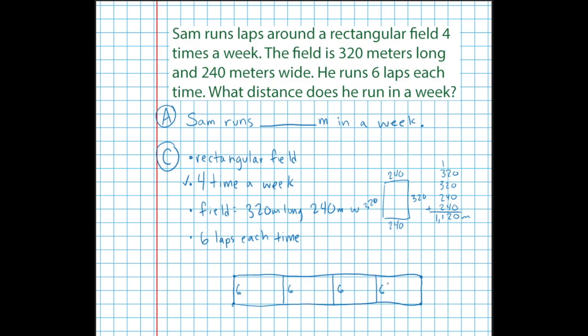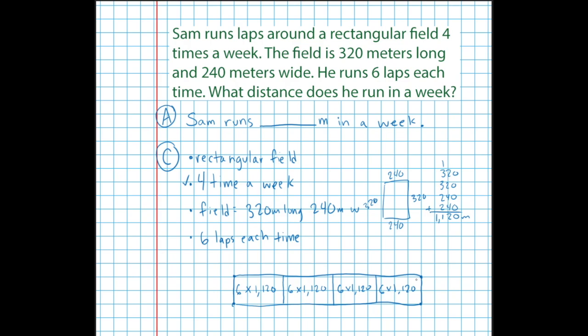And now I know how much one lap is, so I could actually multiply the 6 times one lap, which is 1,120 meters. And this is going to reveal to me how many meters Sam ran in one day.